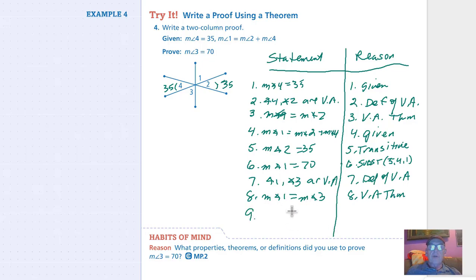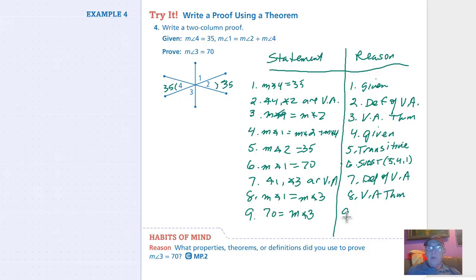Now, since 1 is congruent to 3, and the measure of angle 3 is, let's see, since the measure of angle 1 is 70 in step 6, we can substitute 70 in for the measure of angle 1 in step 8. So our step 9 is going to say that 70 is equal to the measure of angle 3.